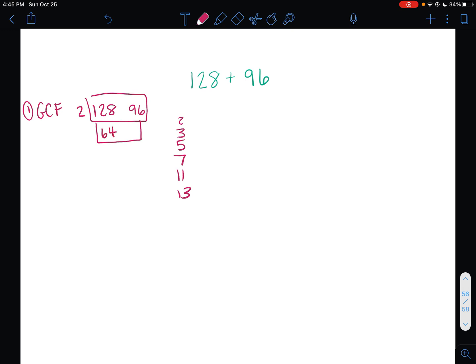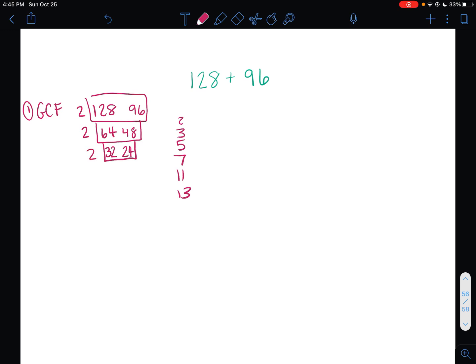128 divided by 2 is 64. 96 divided by 2, 48. So both those numbers are still even, so I can still divide by 2. 64 divided by 2 is 32. 48 divided by 2 is 24.